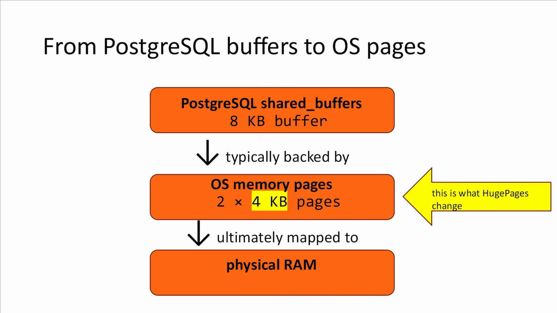So if we had 128 gigs of shared buffers, it will still be 128 gigs of shared buffers, but the structure that backs it, the backbone of this, will change its size. So it will not be 4K, it's going to be 2 megs. So it's going to be backed by a smaller number of pages. That's the trick. So actually it will not increase the memory usage.